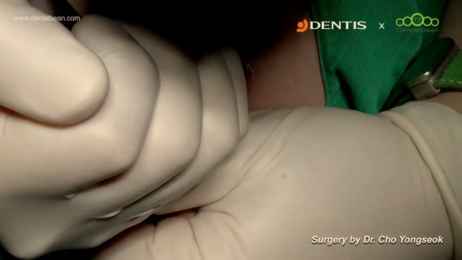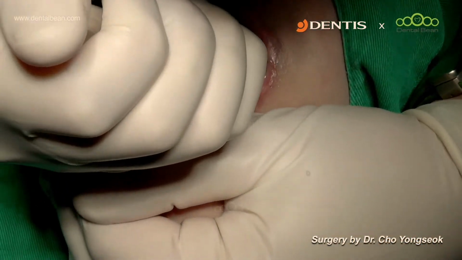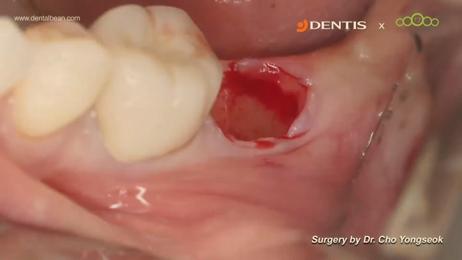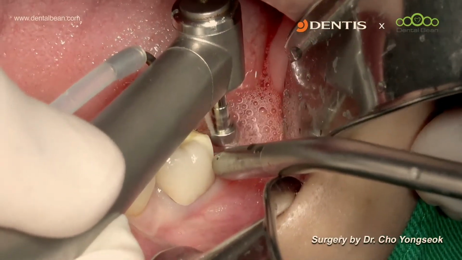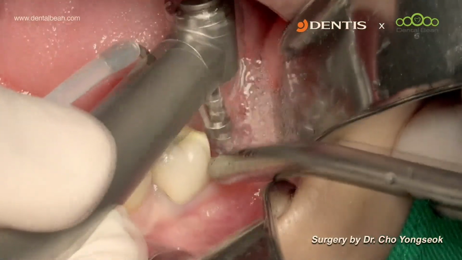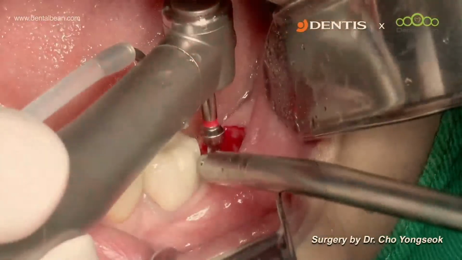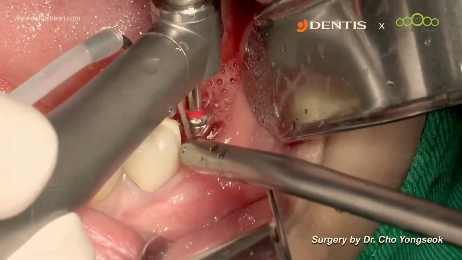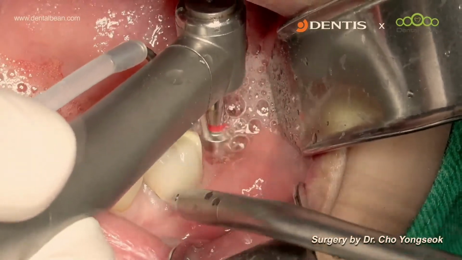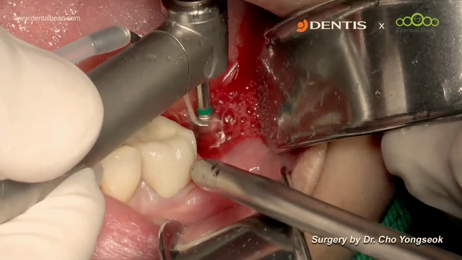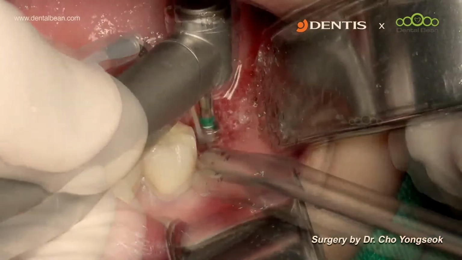First, I try the left side. Extraction was finished, and I prepare the osteotomy about 5 millimeter distal from number 6. It is not the center of the extraction site, slightly medially tilted.